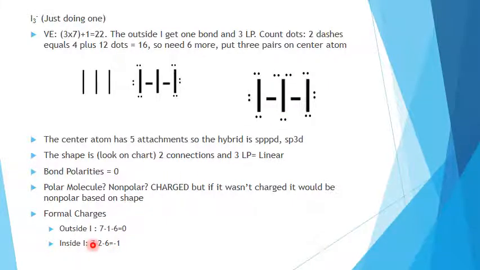The formal charges on the iodines, the outside ones, are going to be 7 minus the number of bonds, 1, minus the number of lone pairs, 6, which equals 0. And the center one has 7. Did some bad math here. So it has 7 minus 2 minus 5.